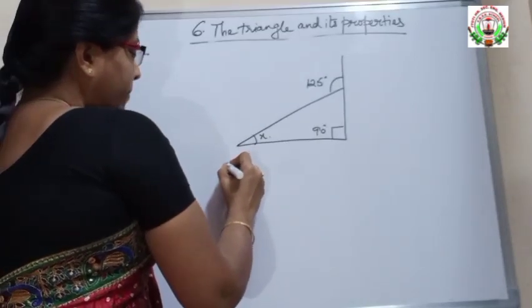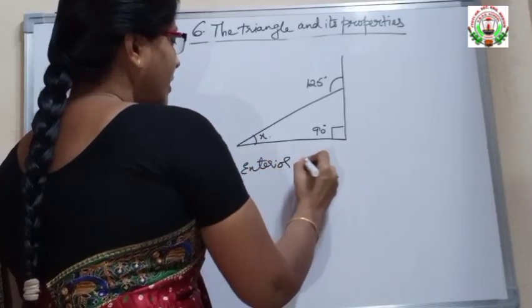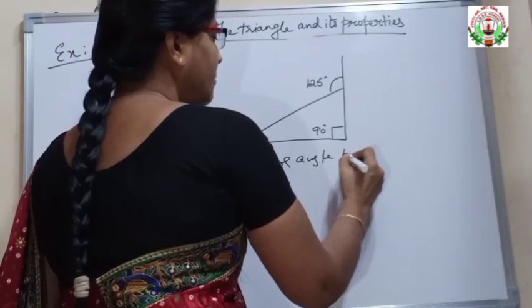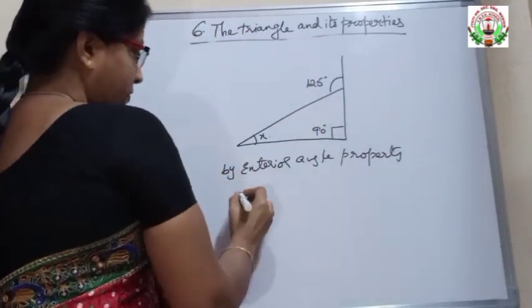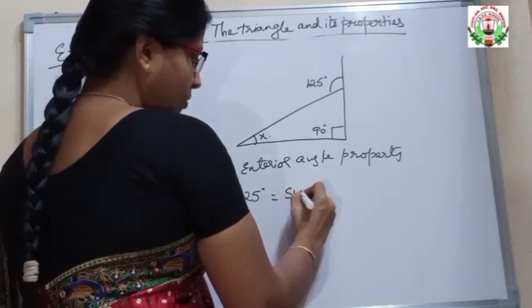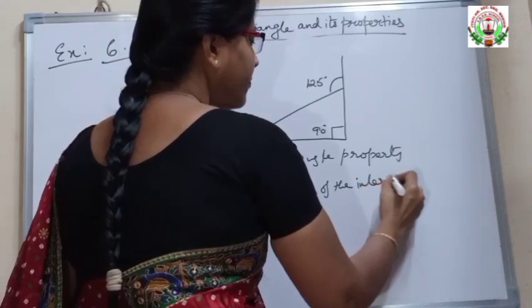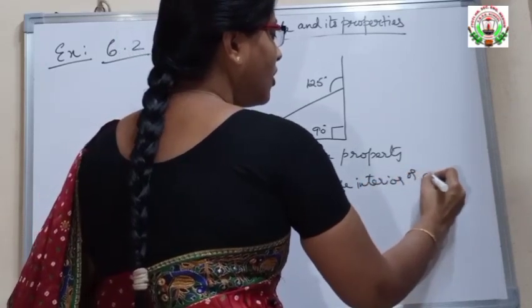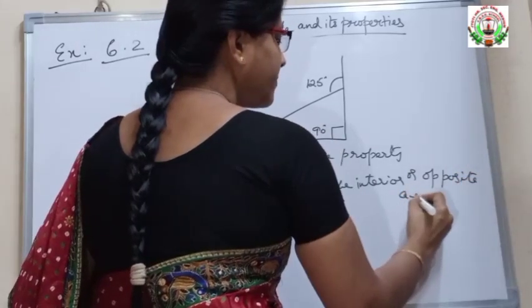So by exterior angle property, that is 125 degrees will be equal to sum of the interior opposite angles.